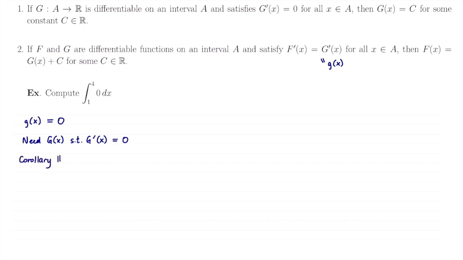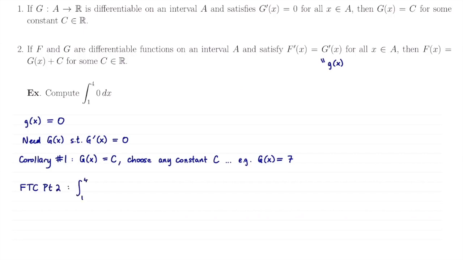According to number 1, G of x is constant. Let me pick G of x equal to 7. You could have picked a different constant, but the difference between any two constants is itself a constant, satisfying number 2 up here.